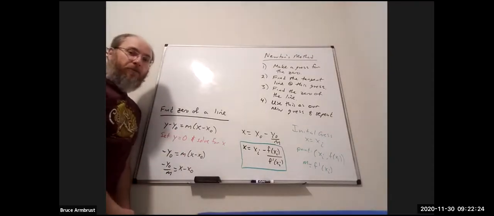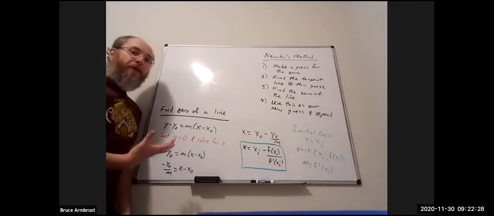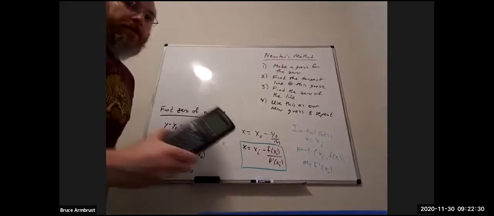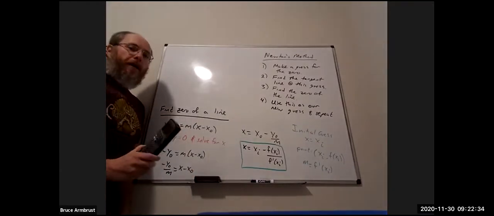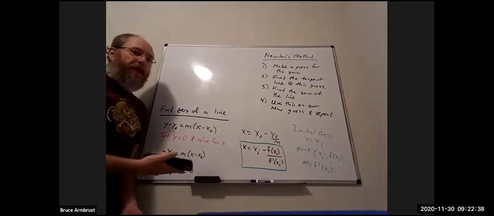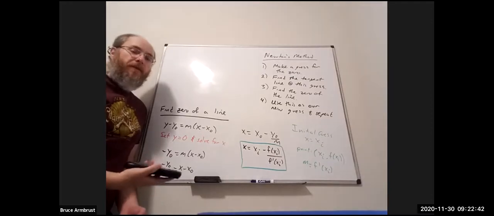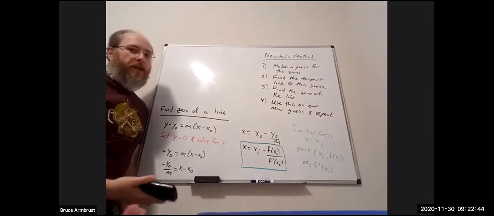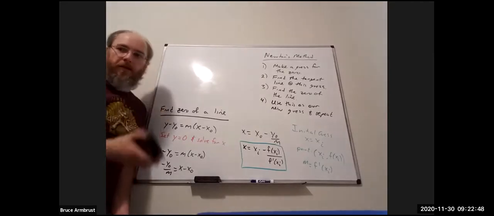Unless you want to deal with horrible, nasty fractions, you need a calculator. So I'm going to be doing that. I got my TI-89 handy here and ready to go. But just realize that this is a process that actually gets programmed into computers. A lot of computers, when they solve things, use Newton's method or a variation of it. So just realize this is going to be technology based.